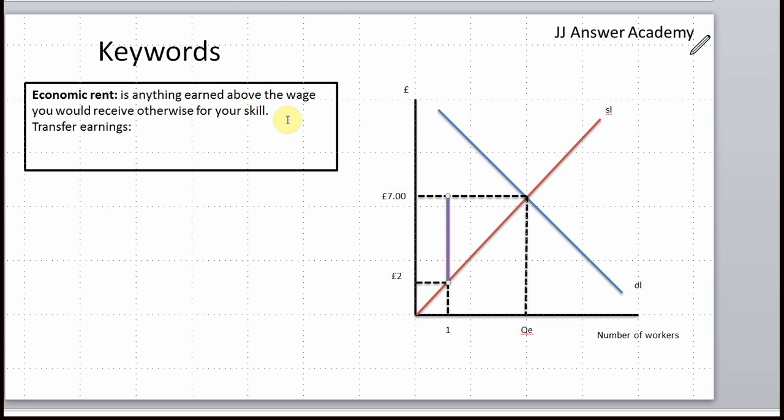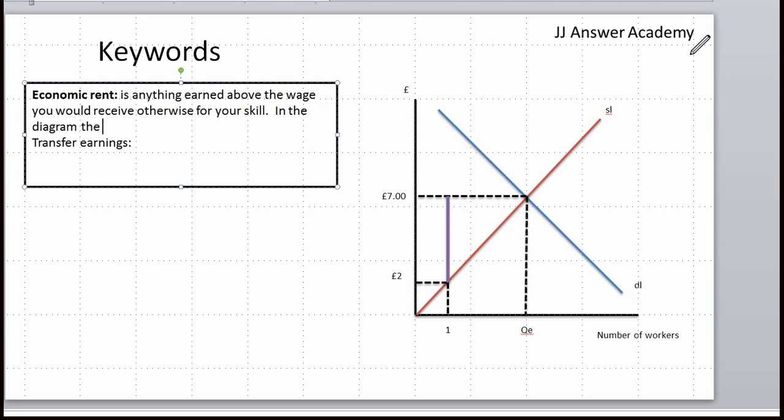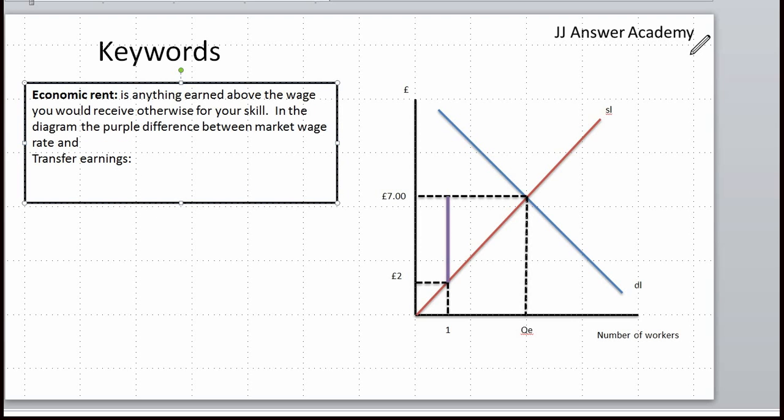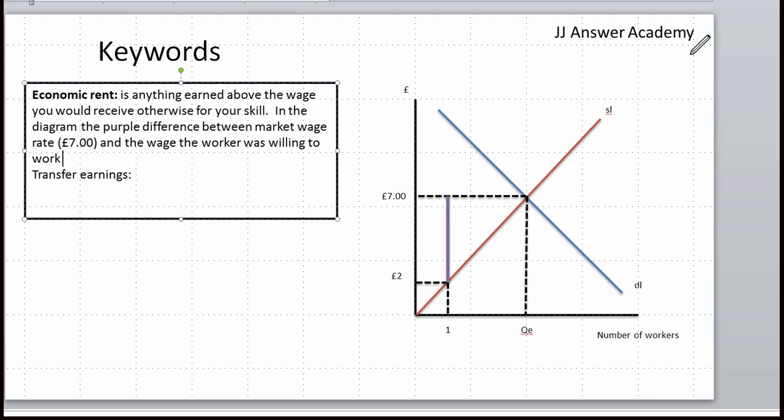So the £5, the purple difference between the market wage rate, which is £7, and the wage the worker was willing to work at.